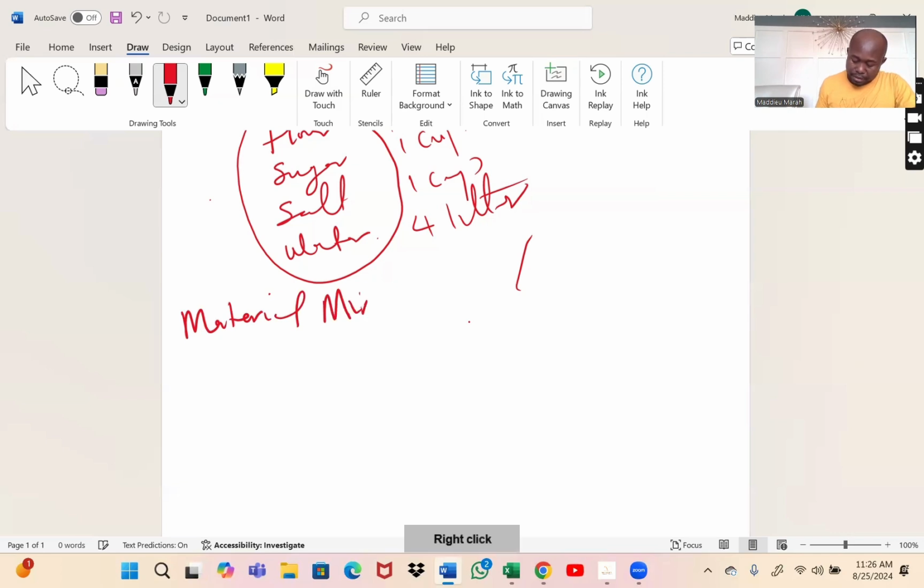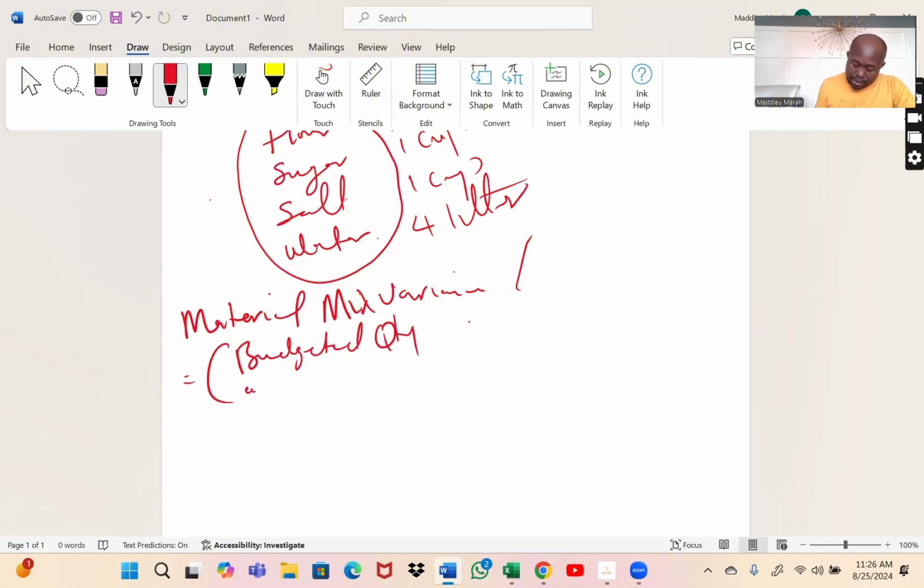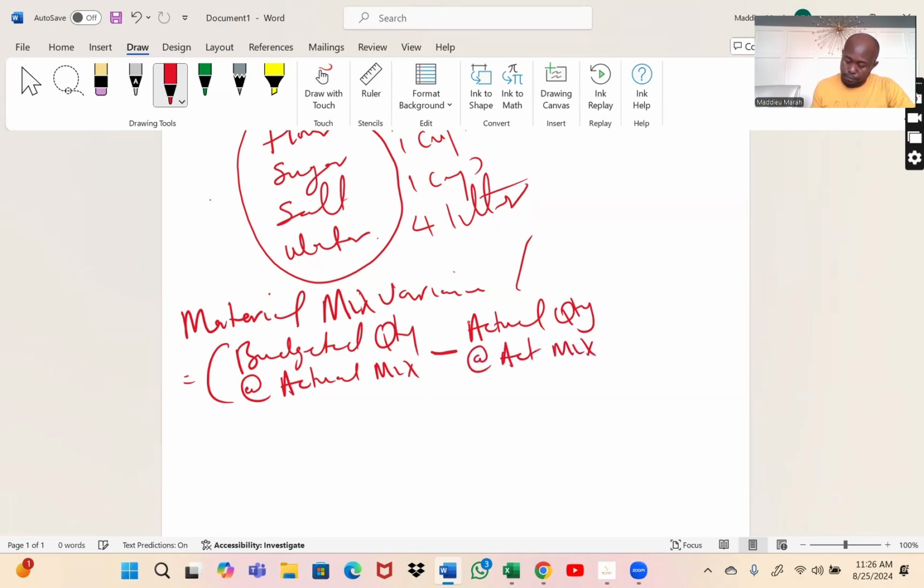How do we calculate material mix variance? The formula would be: projected quantity at actual mix minus actual quantity at actual mix, multiplied by standard price.